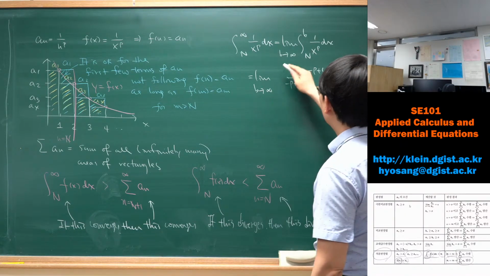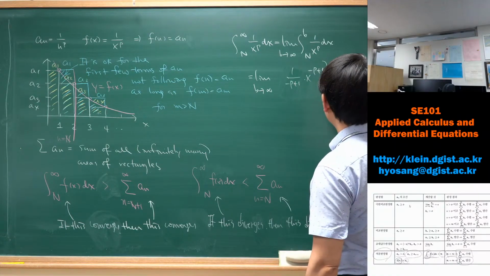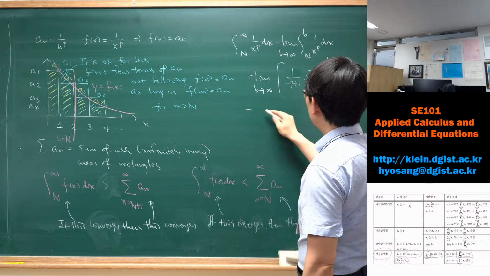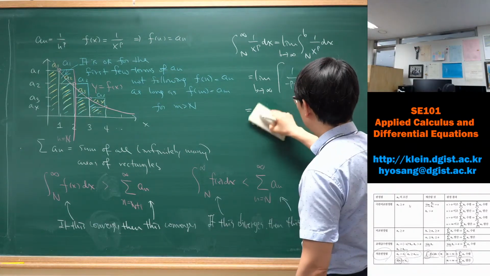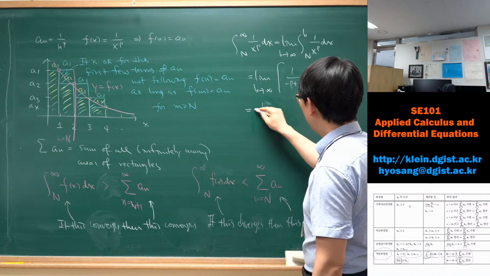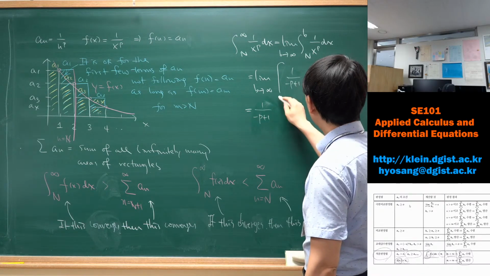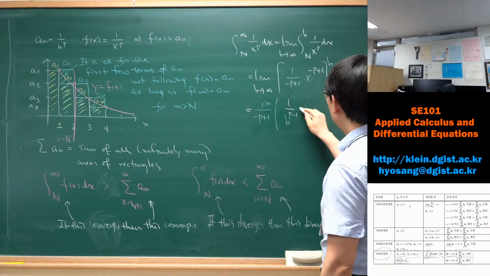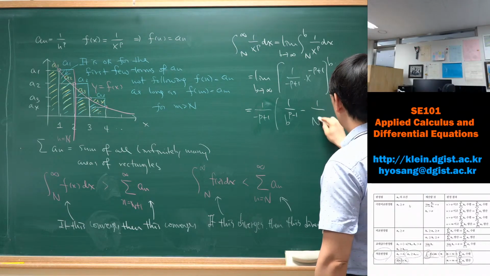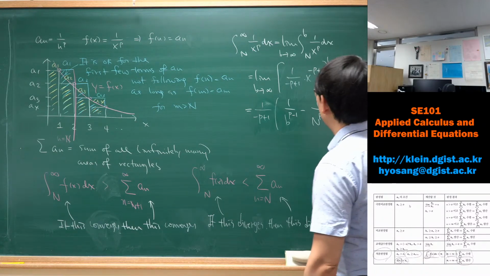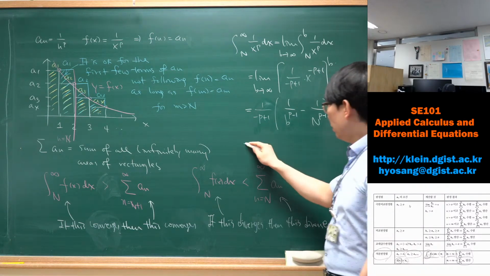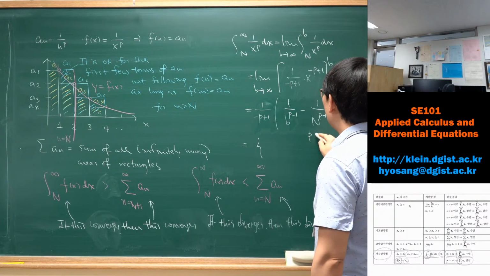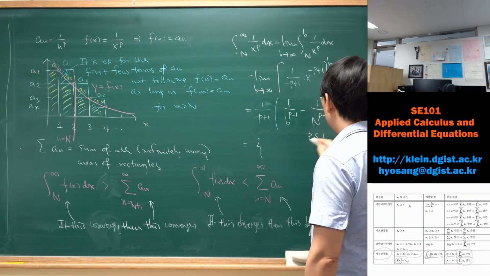Minus p, yes. Okay, and then we evaluate from N to b, so 1 over minus p plus 1 of b to the 1 minus p minus N to the 1 minus p.